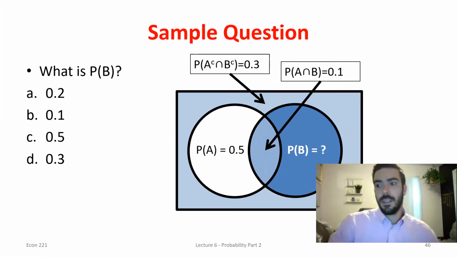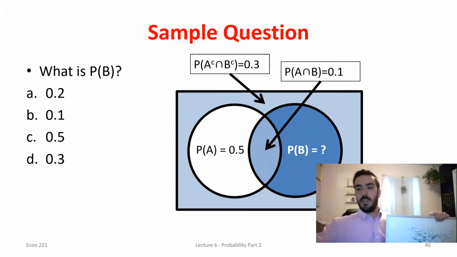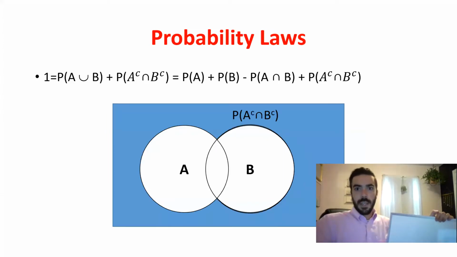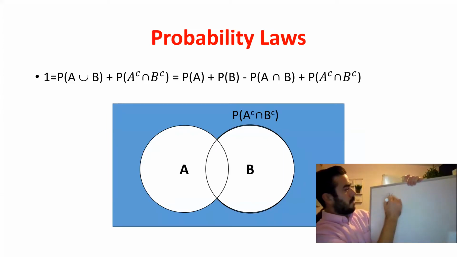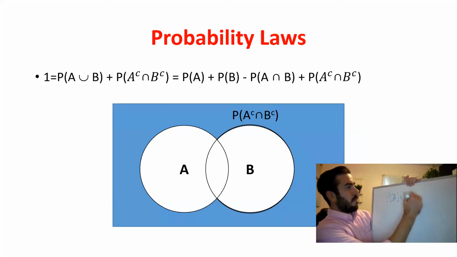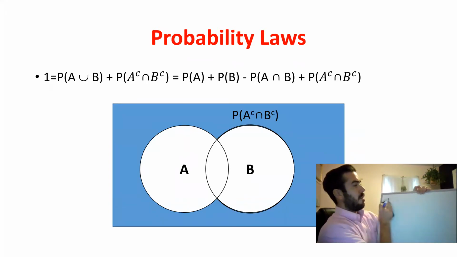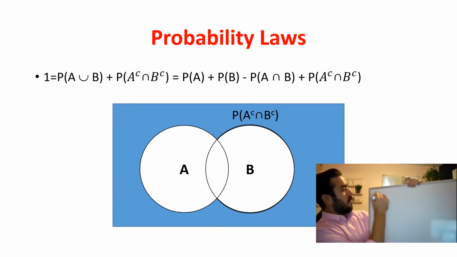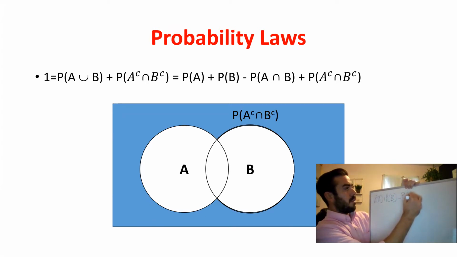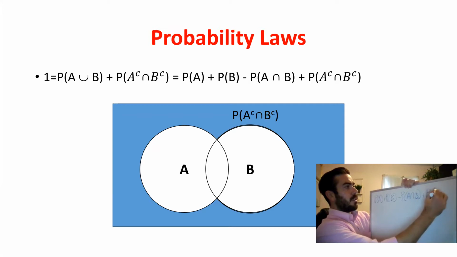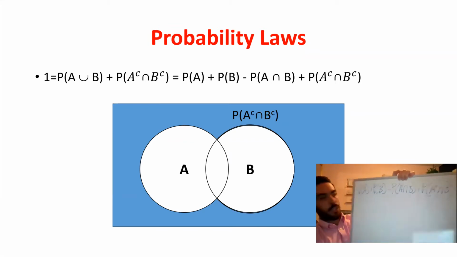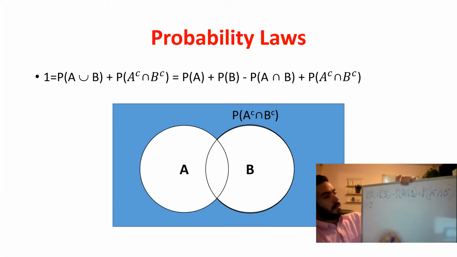Well, I had this equation: if I take the probability of A plus the probability of B minus the intersection, add to that the intersection of the complements, then all those should equal 1.